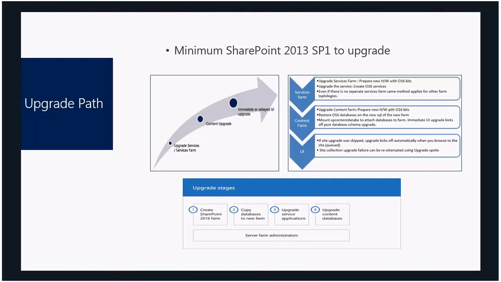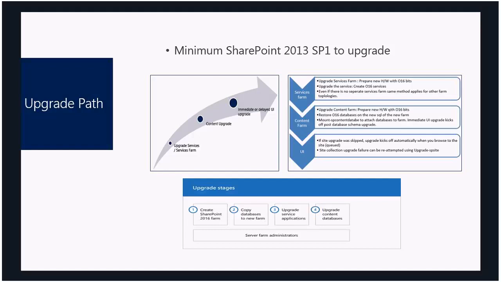What happens if we would like to move into SharePoint Online? You need to upgrade from your older versions, such as from SharePoint 2010 into SharePoint 2013, and then you can upgrade into SharePoint 2016 here. So this is the upgrade method, or the approach here.